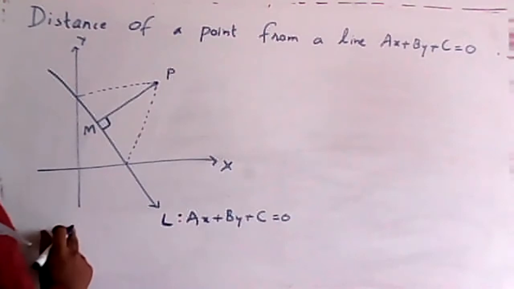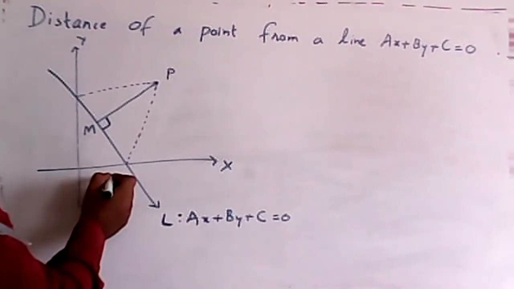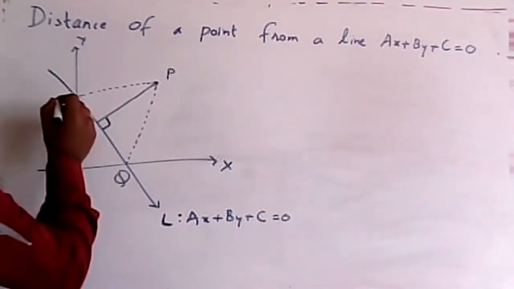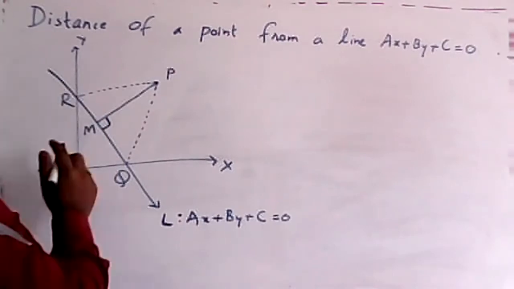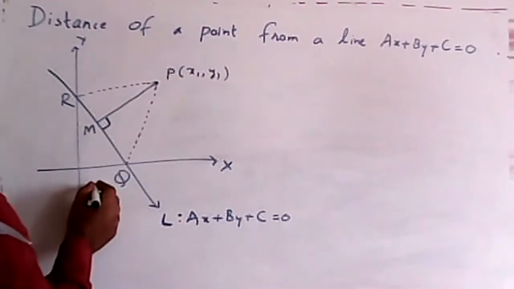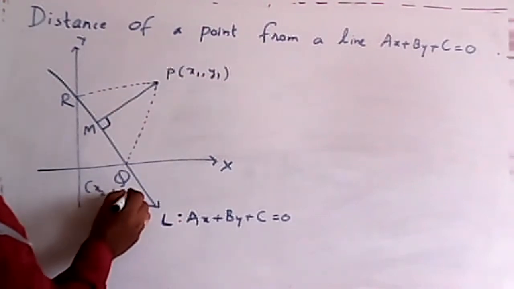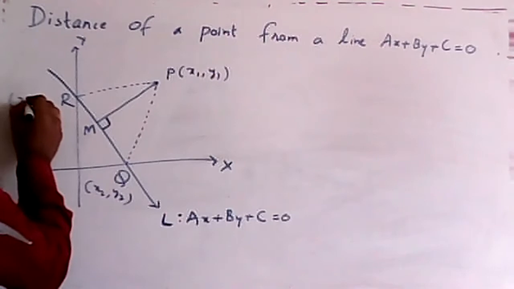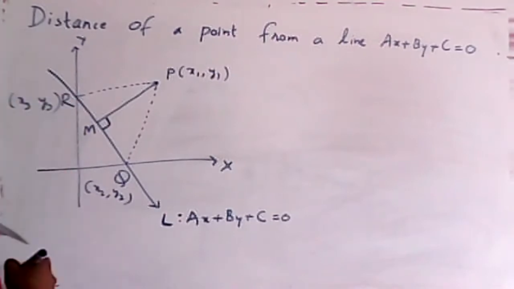Hoping you all are understanding. Let me call this P, Q, R. If I call this point P as (x1, y1), then I will call this (x2, y2) and this (x3, y3).